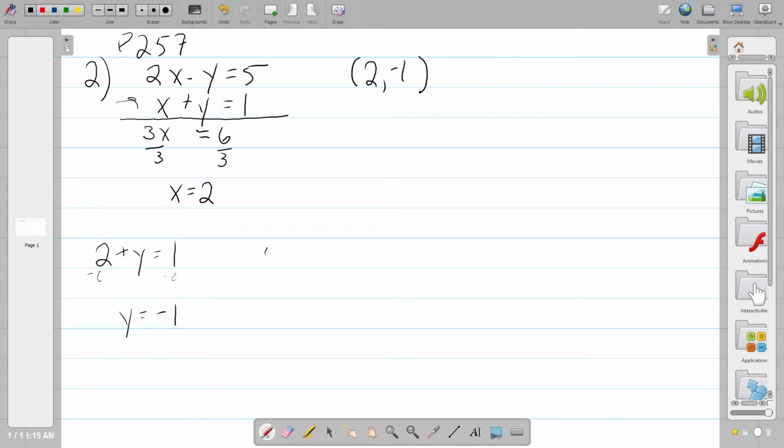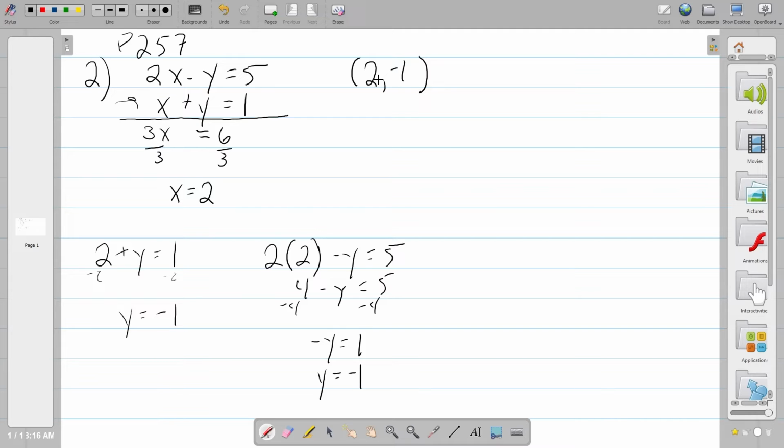We could have done this one. 2 times the x is 2 minus y equals 5. 4 minus y equals 5. We're going to subtract the 4 from both sides. Negative y equals 1. Therefore, y equals negative 1. Same answer.